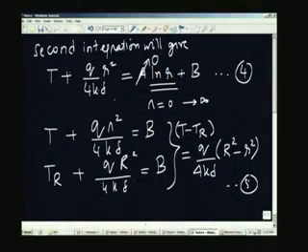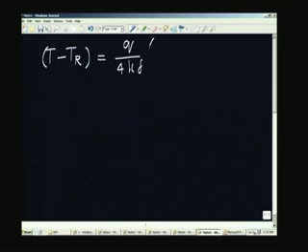Now, let us look at this equation in more detail. I will recapitulate here. T minus Tr is equal to Q by 4 k delta into (R squared minus r squared).